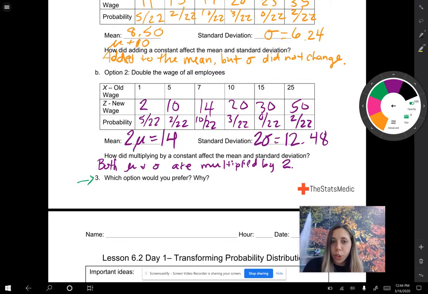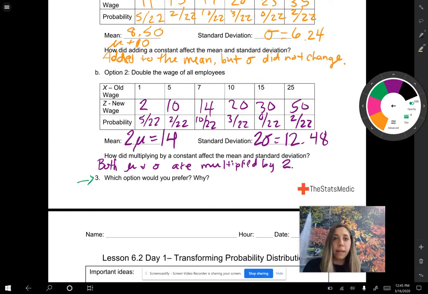In option 2, you have an opportunity for a higher wage, but there is a lot more variability. On average, your wage could vary from the mean by $12, which means you could potentially get a lot lower wage than that mean of 14. Whereas with option 1, you have a higher likelihood of getting closer to that mean. So it just depends on the give and take of whatever you would prefer.